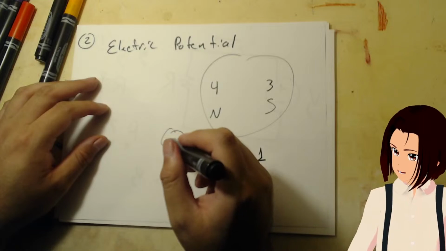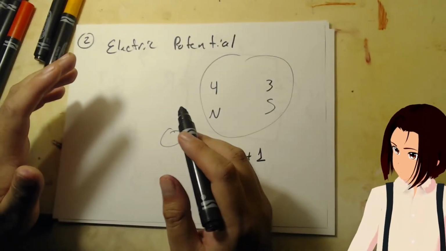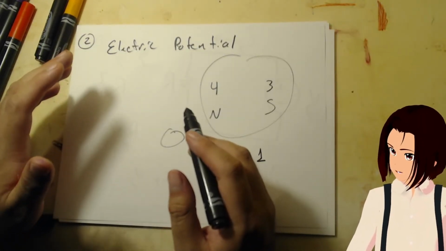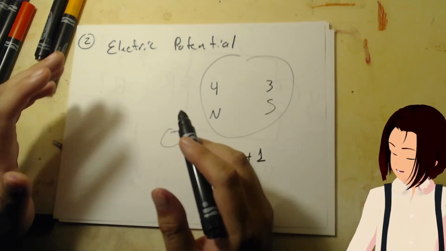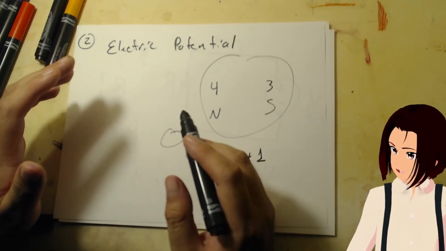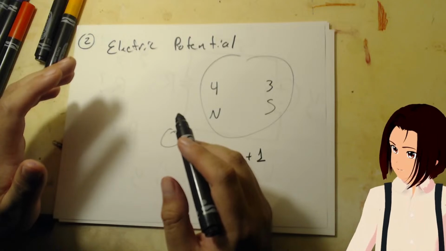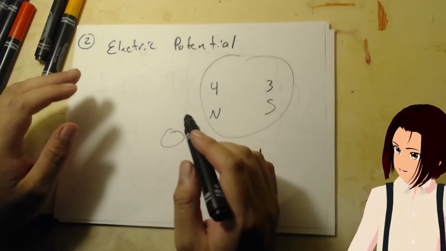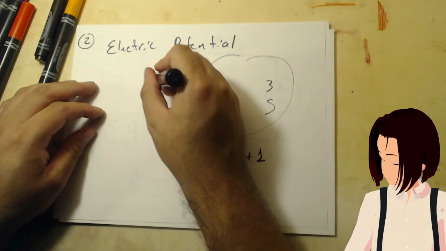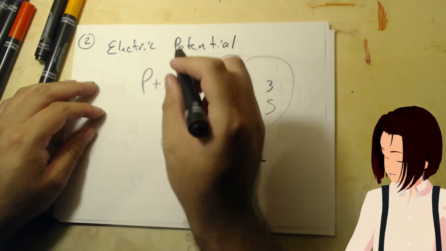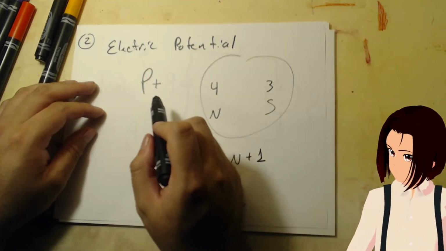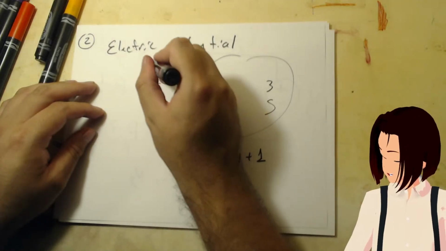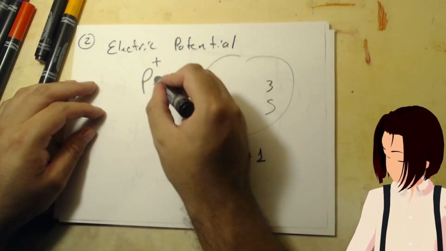So if you have an atom of a metal and it's missing an electron, now it's biased towards protons, and this is how we're going to call it. That is a proton. Oh wait, the plus should be up here. Don't worry about that.